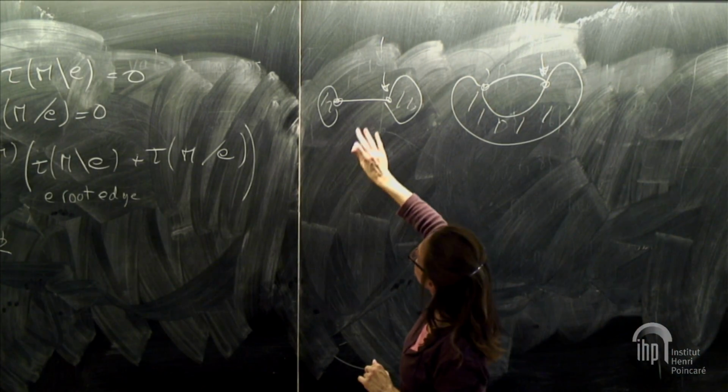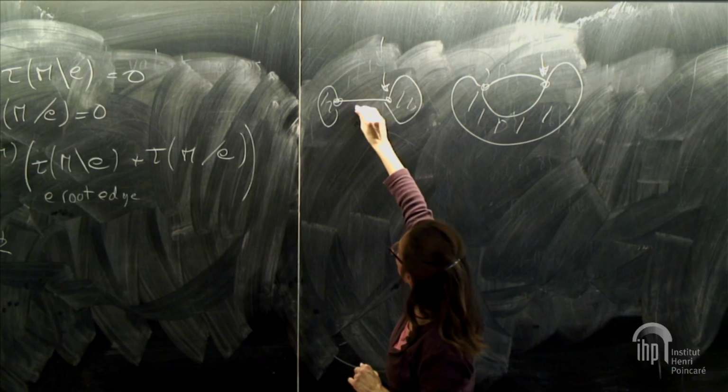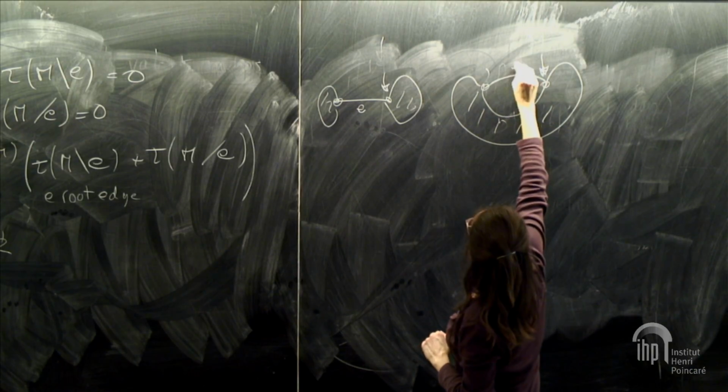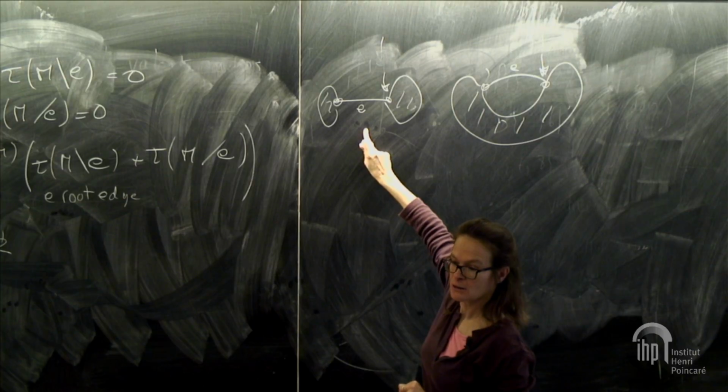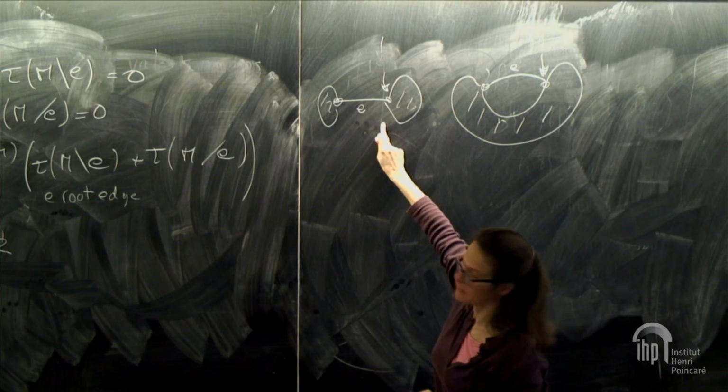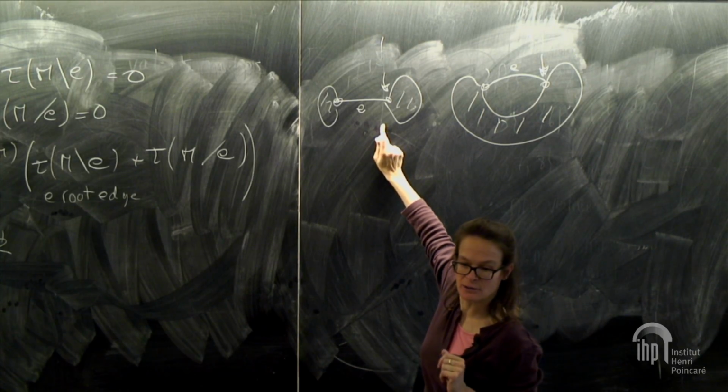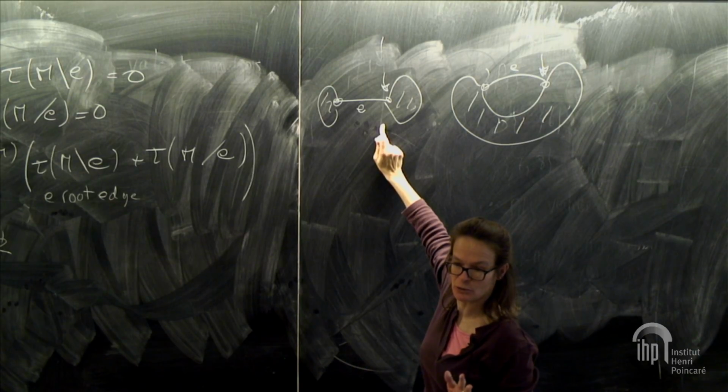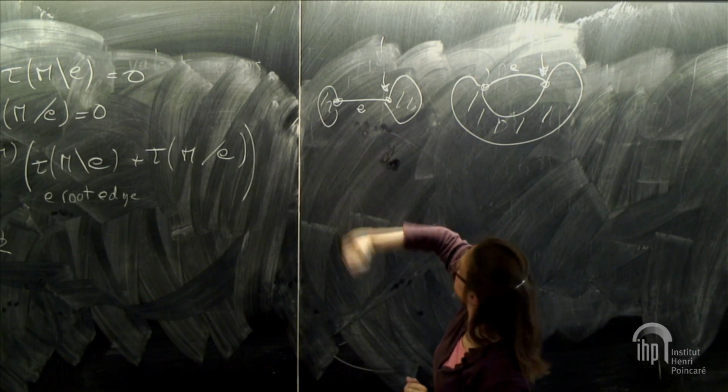So let me look at S1. I want E, the root edge, I don't want it in my tree. So maps that have a bridge as the root edge do not contribute at all in this weighted sum.